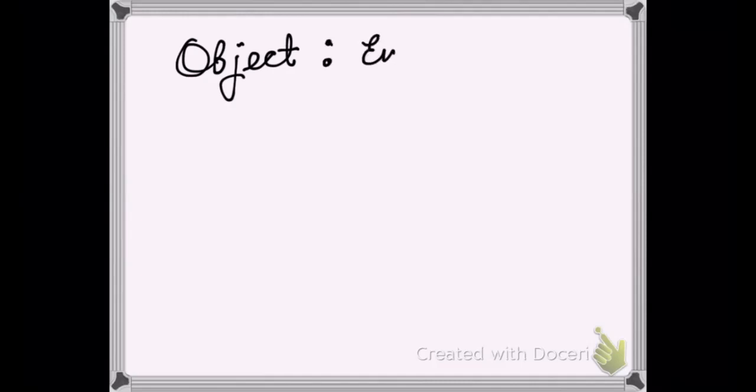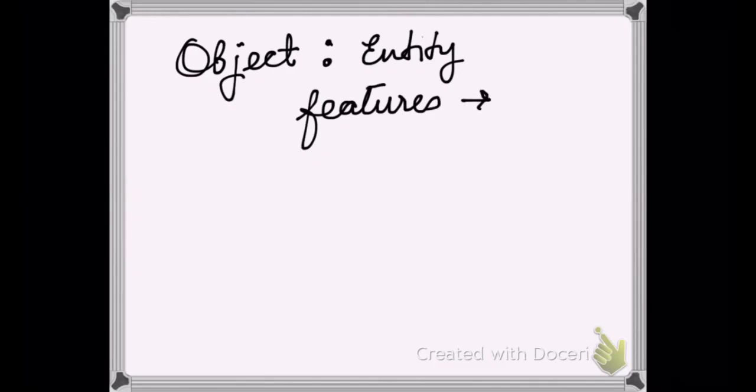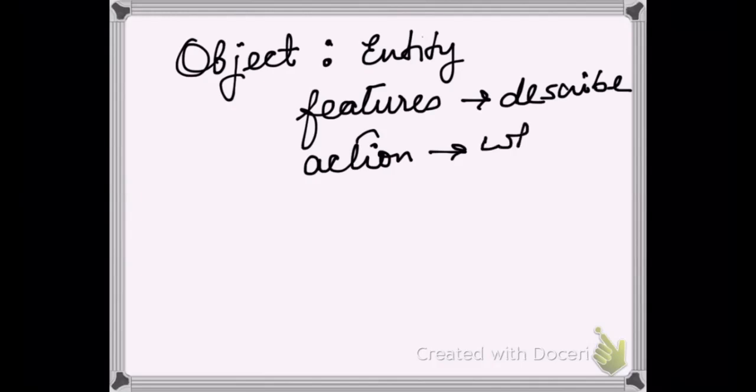When we say an object, we mean an entity which has some features which describe the entity, and we have some behavior or action. These actions will tell what the entity will do, or what the entity can do.